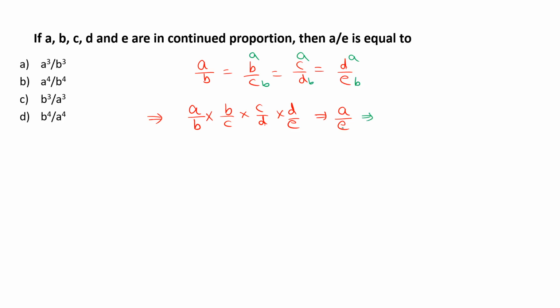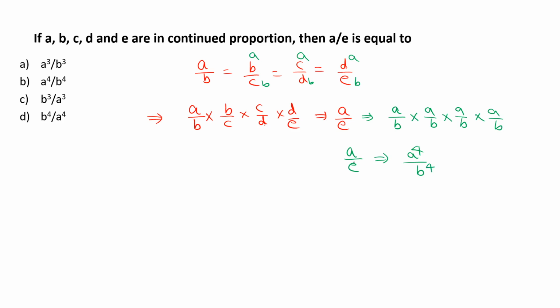Then A upon E would be, when this B is nothing but A, this C is nothing but A, and this D is nothing but A, we are going to multiply all those things. That A by E is nothing but the final result of the product of A upon B, B upon C, C upon D, and D upon E. When we assume B upon C as A by B, C upon D as A by B, and D upon E as A by B, then the final result would be A power 4 by B power 4.